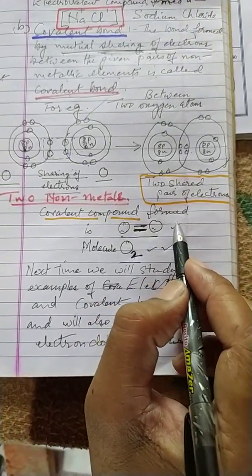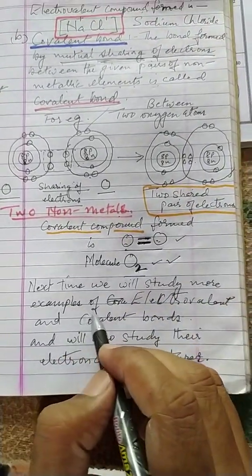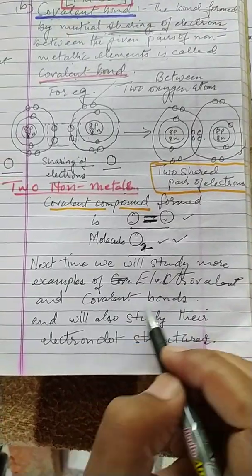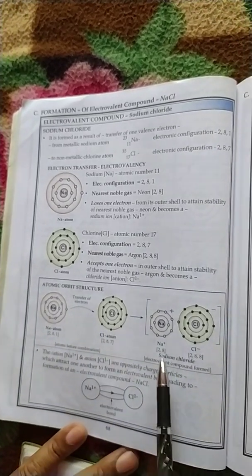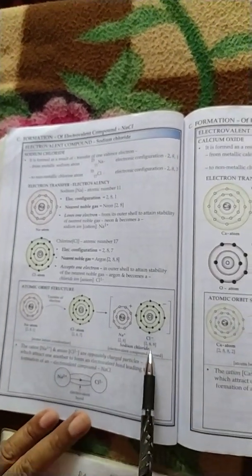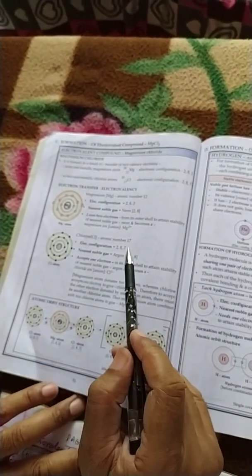Okay children, so next time we will study more examples of electrovalent and covalent bonds. In your book they are given from here onwards. We have already seen sodium and chlorine, the transfer of electrons and formation of sodium chloride or namak. Then we have seen the covalent bond already here, and there is a sharing between the oxygen atoms we see.